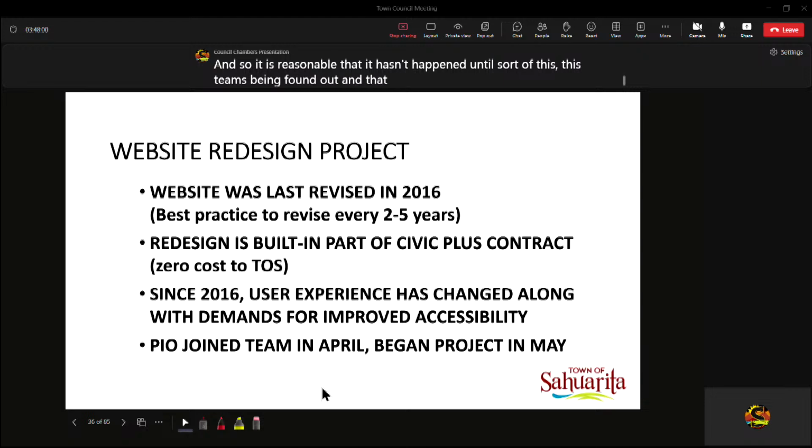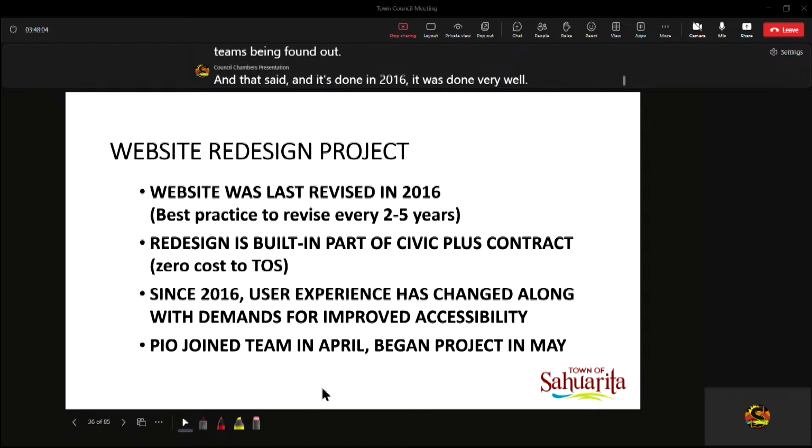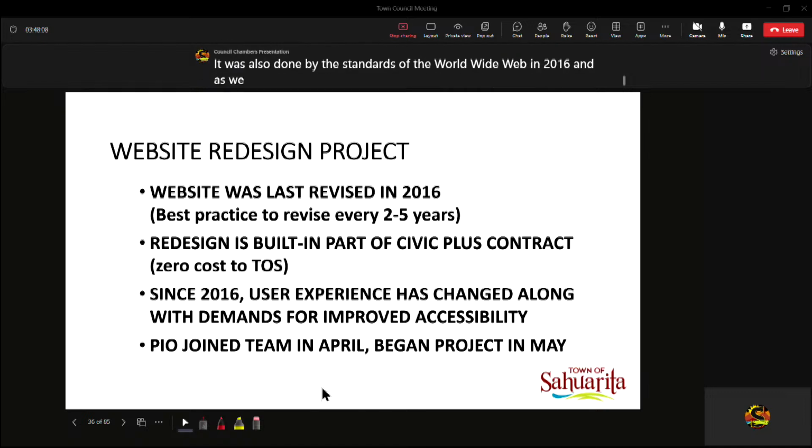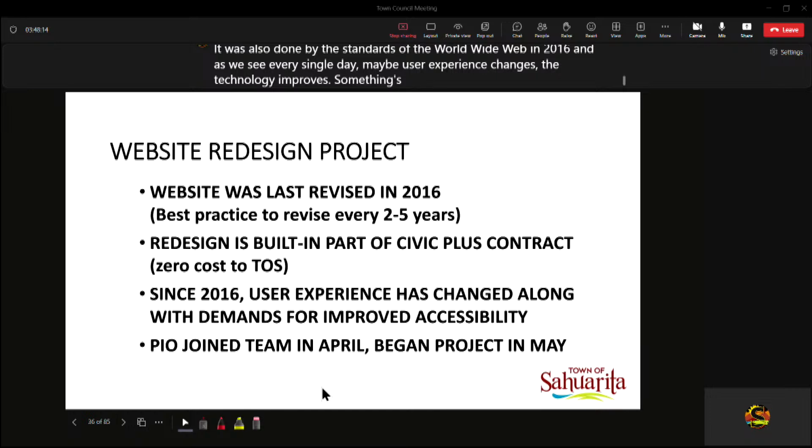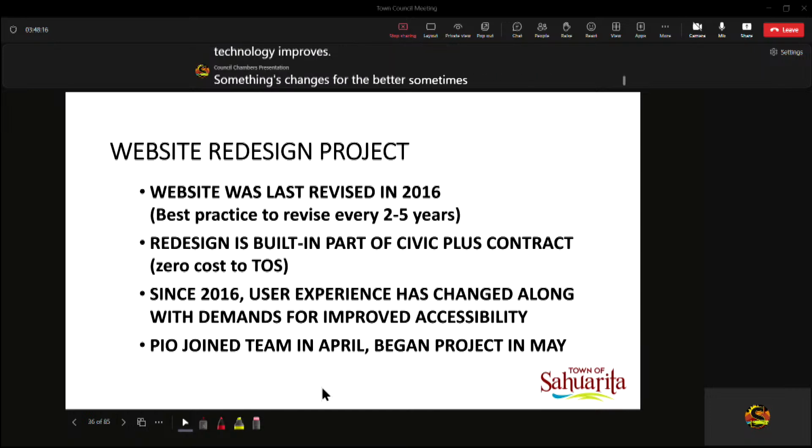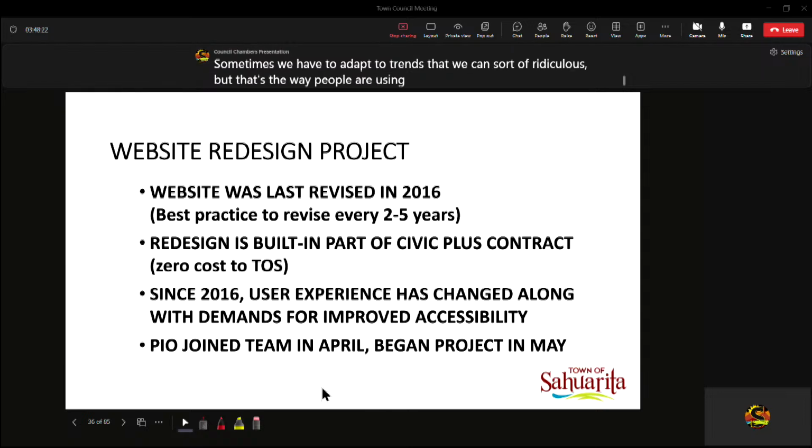That said, when it was done in 2016, it was done very well. It was also done by the standards of the World Wide Web in 2016. And as you see every single day, the user experience changes, the technology improves. Sometimes it changes for the better. Sometimes we have to adapt to trends that we think are sort of ridiculous, but that's the way people are using the web right now.